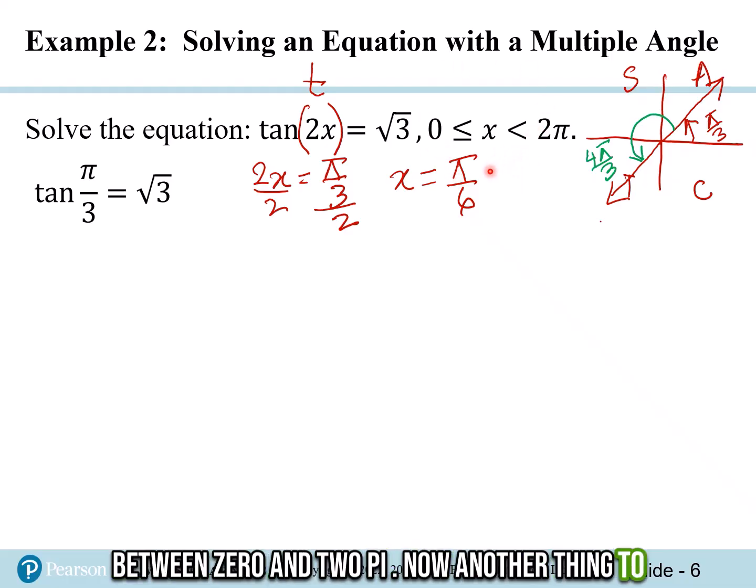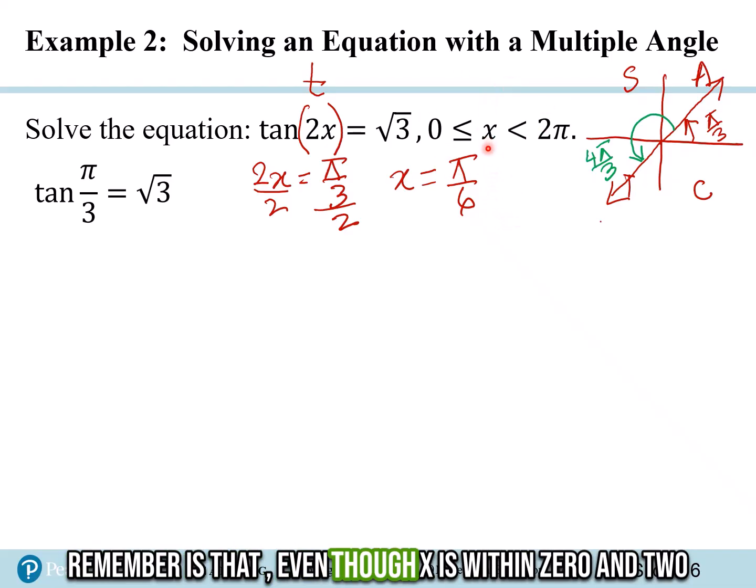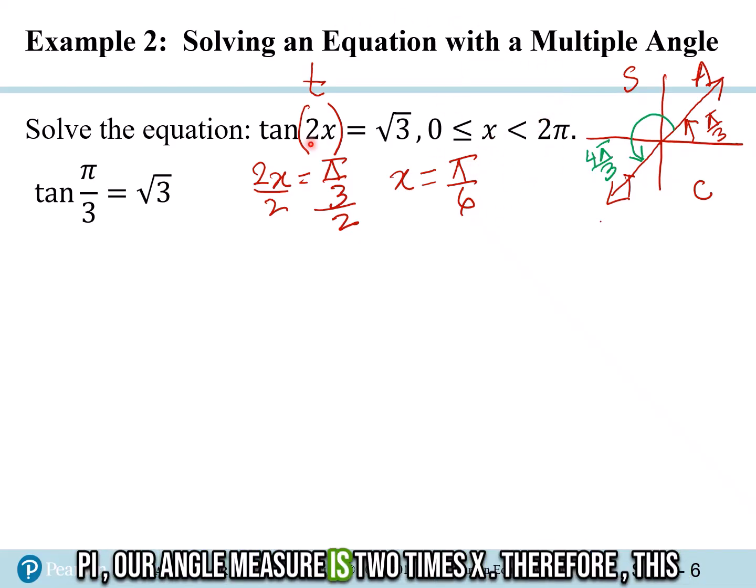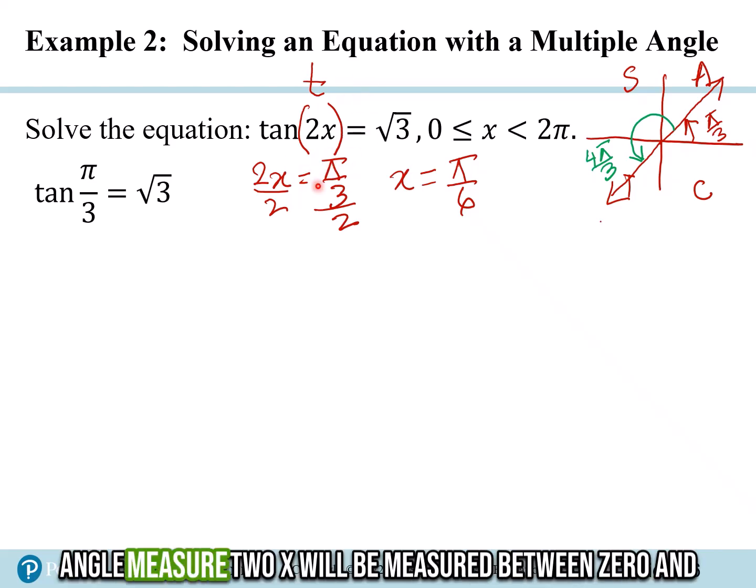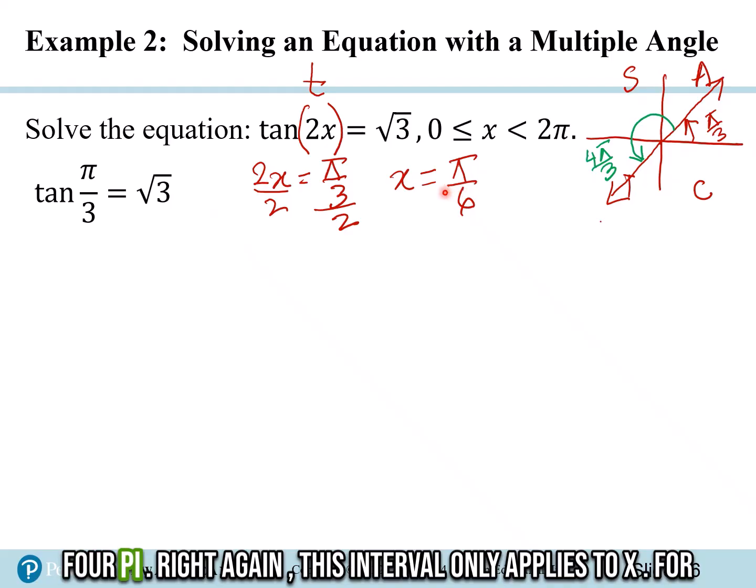Now, another thing to remember is that even though x is within 0 and 2 pi, our angle measure is 2 times x. Therefore, this angle measure 2x will be measured between 0 and 4 pi, right? Again, this interval only applies to x.